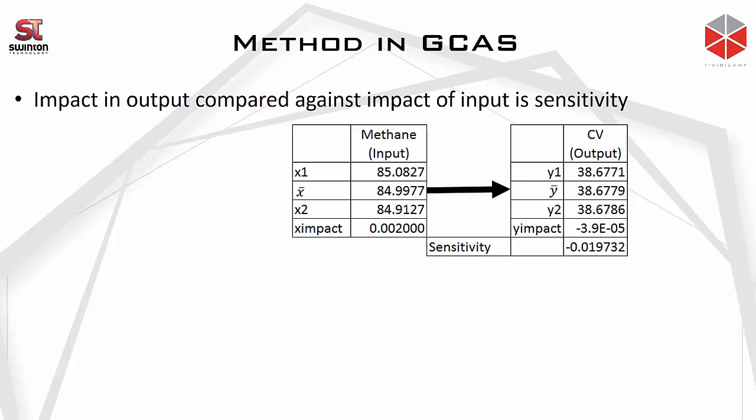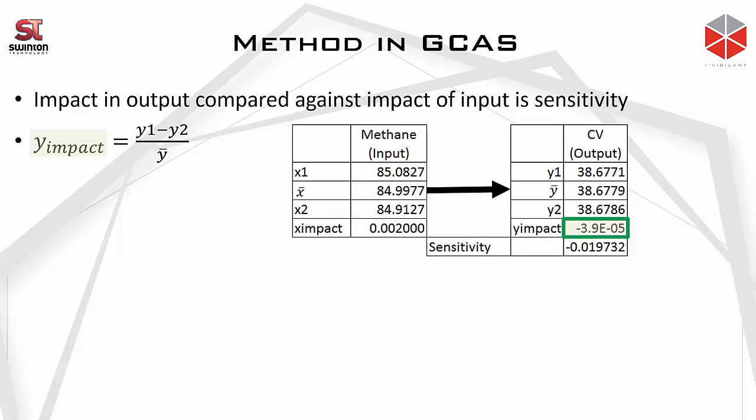If we compare the impact of the output to the impact of the input, what we get is the sensitivity. The way we do it is we get the Y impact, or the output impact, which is the first value of the output when methane is increased minus the second value of the output when methane is decreased, divided by the average.